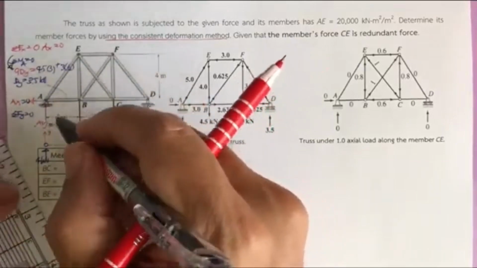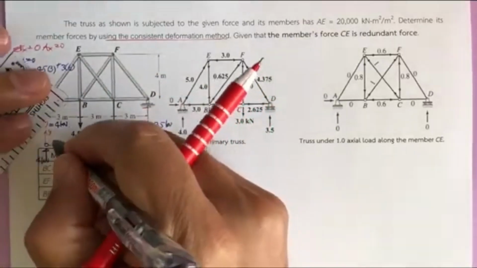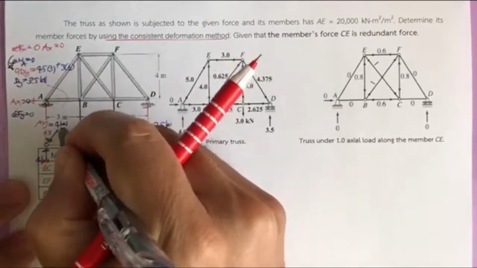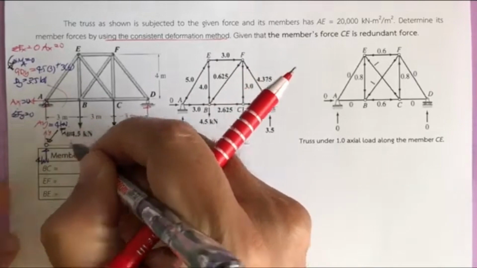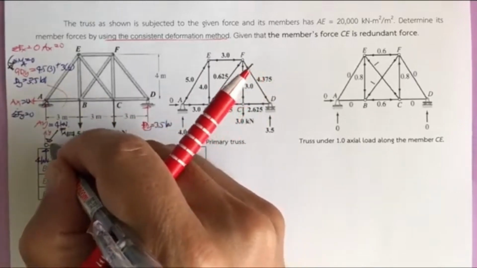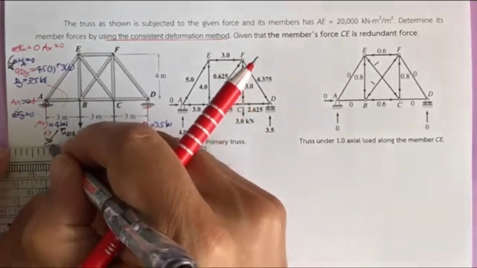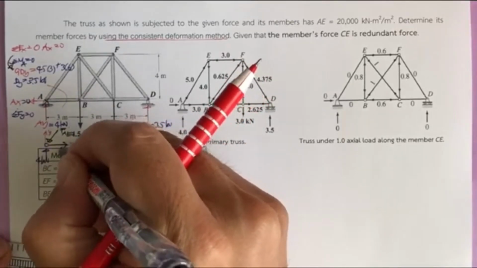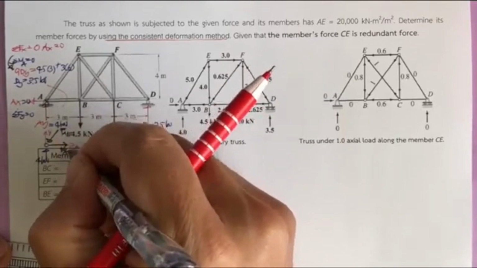The AE is supposed to be in compression, but because this one is up, our F sub AE should be here. And this one, when projected, is from the right to the left, so this is going to be in tension. This is going to be F sub AB.